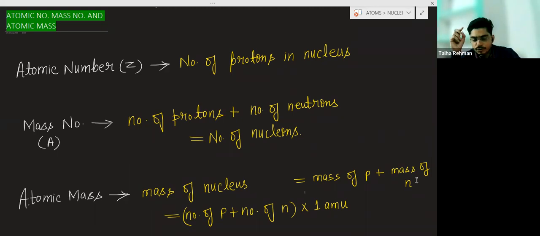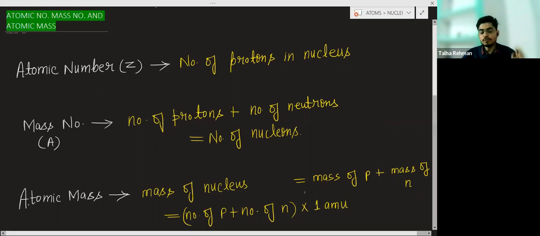The mass of one proton or one neutron is 1 AMU. So if you calculate the total number of nucleons and multiply it with 1 AMU, you will get the total mass of the nucleus. So number of nucleons multiplied by 1 AMU will be the total atomic mass.